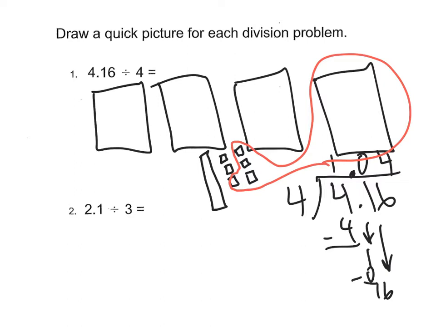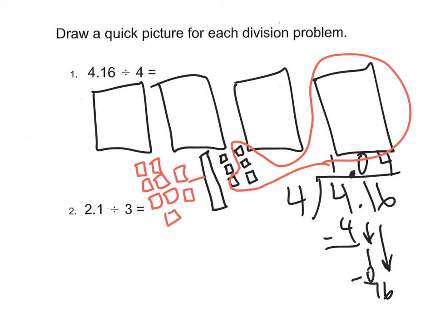What I would do here, if I were teaching this in class, is think, okay, really and truly, this tenth that I drew originally is the same thing as 10 hundredths. So what I might do is draw these now as 10 units, because now I'm looking at breaking it apart.